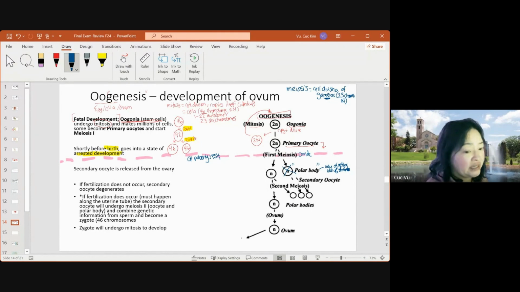It's not going to have any cytosol or very little, because all of the cell structures are going to remain in that secondary oocyte. Okay, so after meiosis 1, from a primary oocyte, it's now going to be called a secondary oocyte. So this cell right here is called a secondary oocyte.